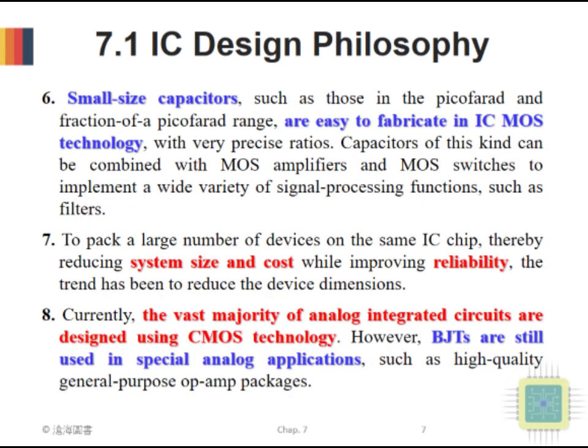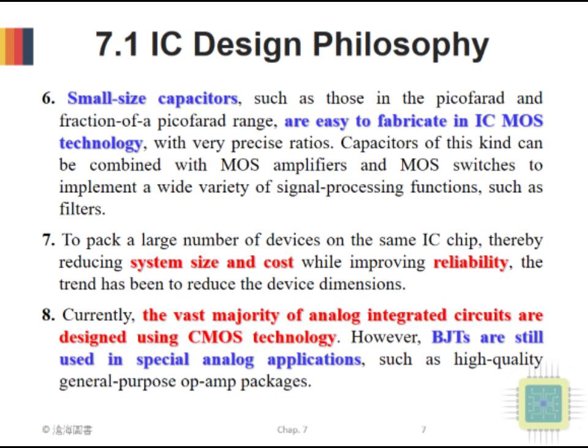Sixth, small-size capacitors, such as those in the picofarad and fraction of a picofarad range, are easy to fabricate in IC MOS technology with very precise ratios. Capacitors of this kind can be combined with MOS amplifiers and MOS switches to implement a wide variety of signal processing functions, such as filters.